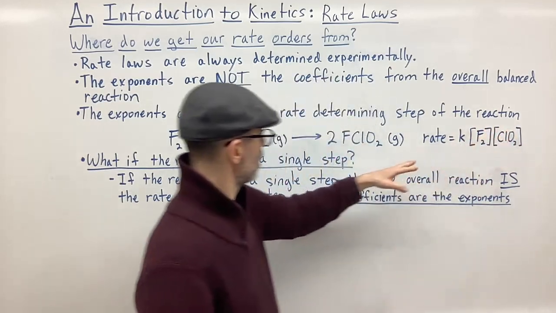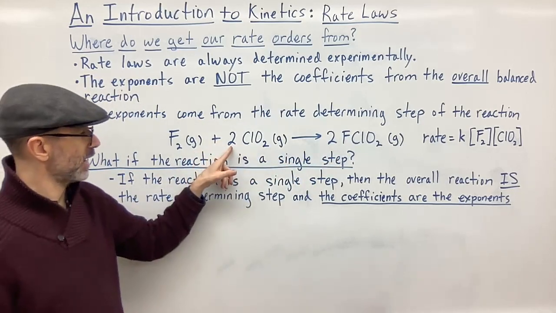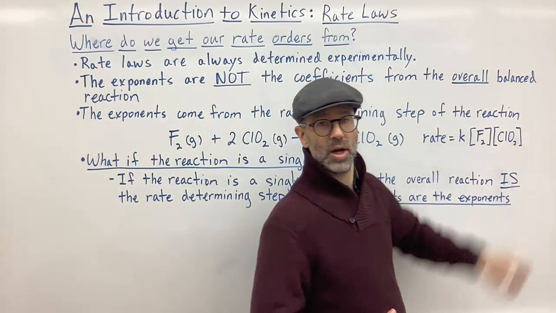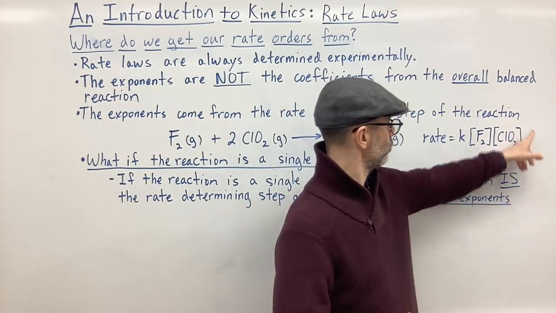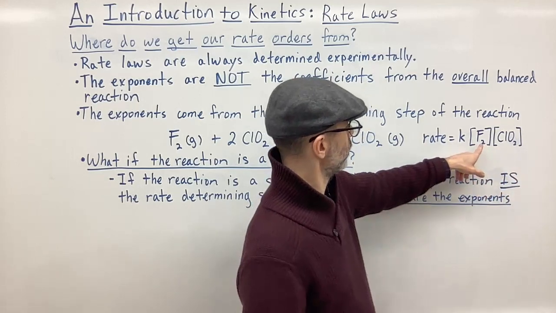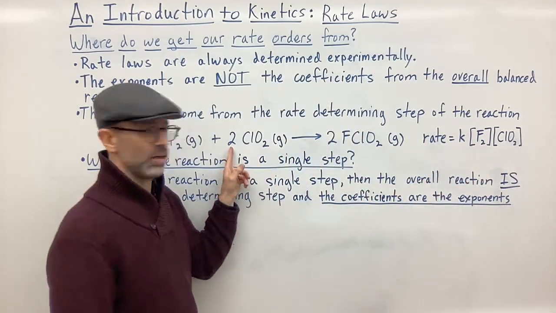If we look at our balanced equation, ClO2 has a 2 coefficient, but its exponent is 1, which means that this is first order with respect to ClO2 concentration, and it's first order with respect to F2 concentration. It's not second order.